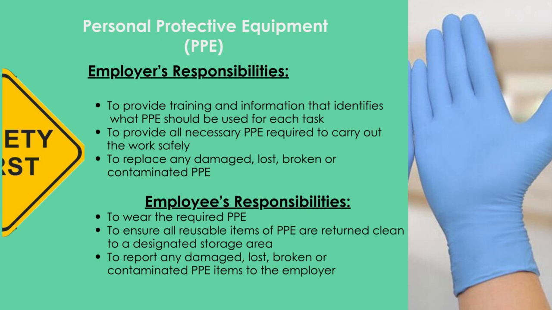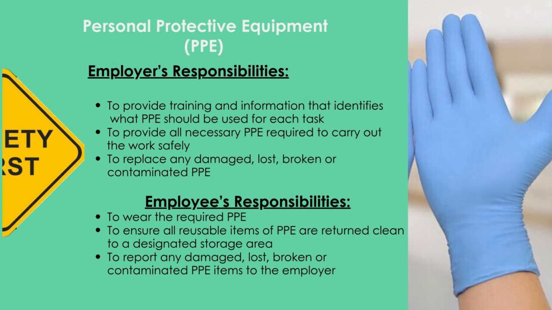Personal protective equipment does come again with responsibilities for both the employer as well as you as the employee. The employer's responsibilities are to provide training and information that helps you identify what PPE should be used for each task. It is essential that they provide all necessary PPE which is required to carry out your work safely, and to replace any damaged, lost, broken, or contaminated PPE.